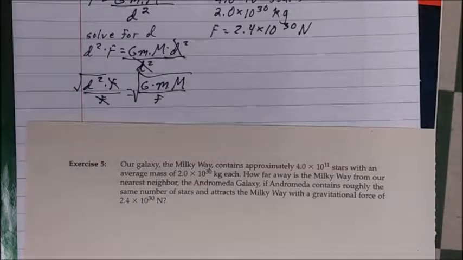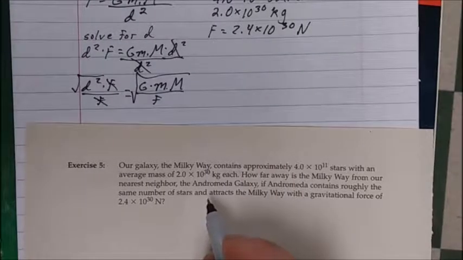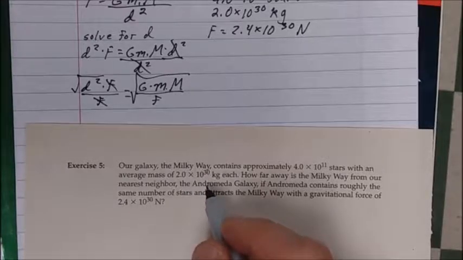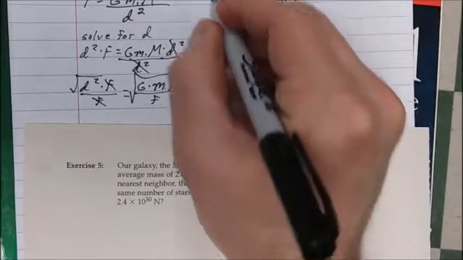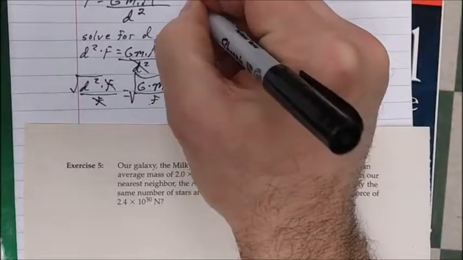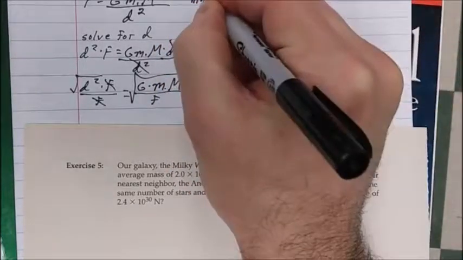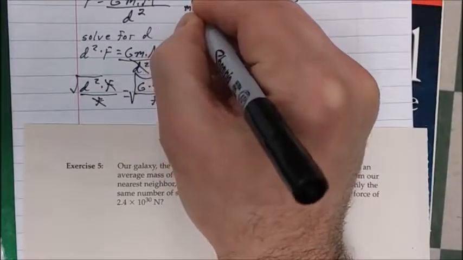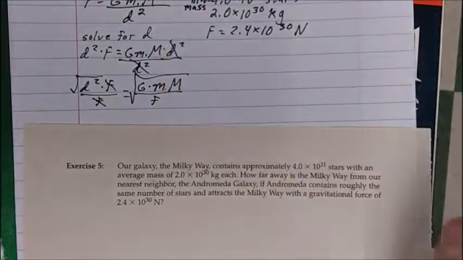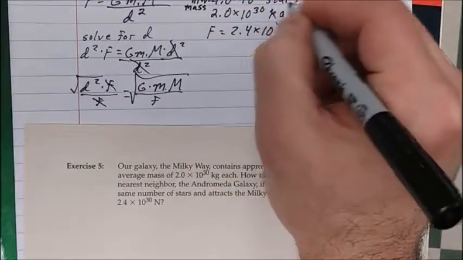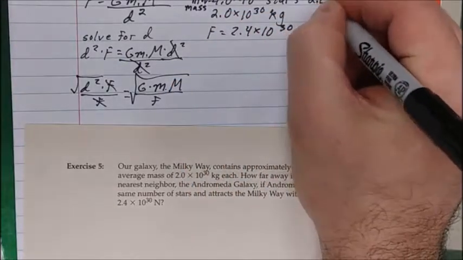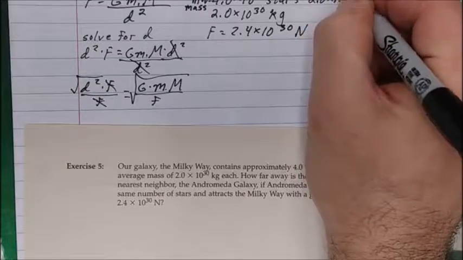So the problem tells us that the Andromeda galaxy has pretty much the same number of stars, and we can assume that the average mass of them is the same. So for the Milky Way, the Milky Way mass is going to be that many stars by that much mass per star, times 2.0 times 10 to the 30.